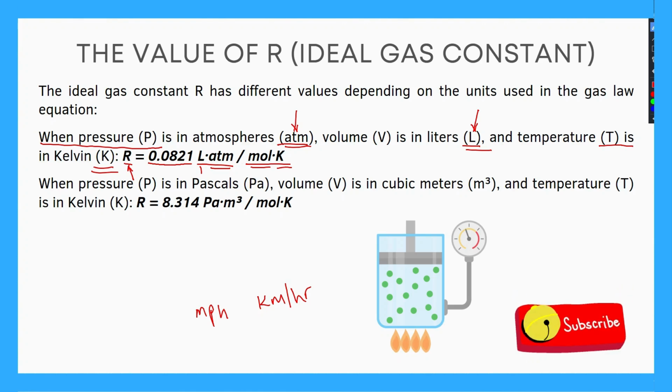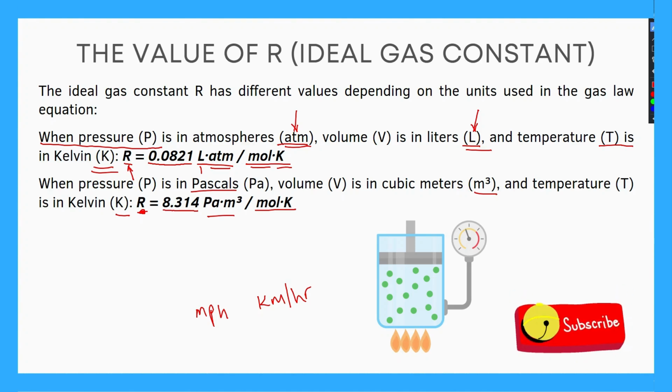So you can see the importance of making sure that your units are uniform, all the steps that you take and all the way. So now the next thing is when pressure is measured in pascals, volume is measured in cubic meters, and temperature T is measured in Kelvin. The ideal gas constant is 8.314 pascal cubic meters per mole Kelvin.